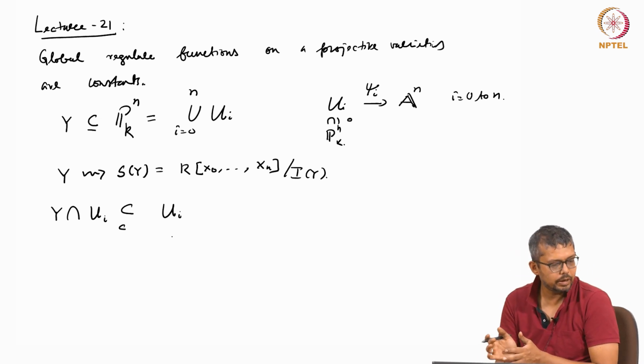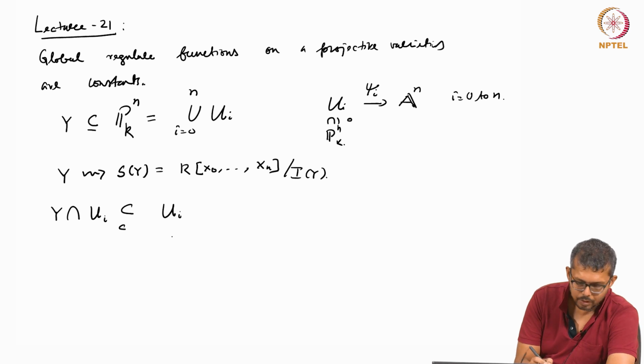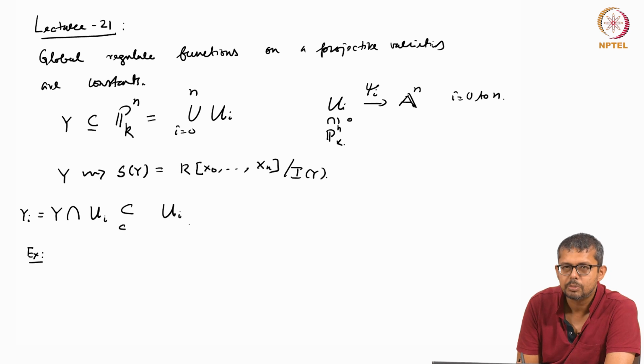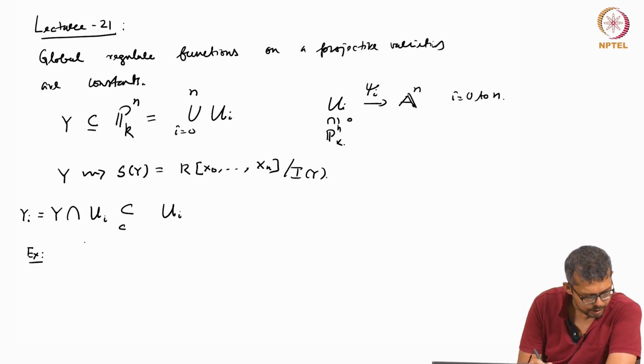If I call this Yi, as a small exercise, Yi is a closed subset of Ui, and Ui is an affine space, so Yi is an affine variety. Since Y is irreducible, check that Yi is also irreducible. So first, Yi is an affine variety.